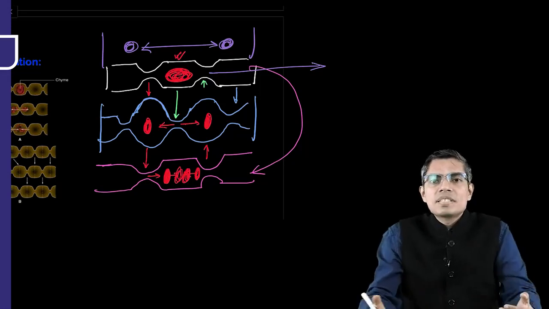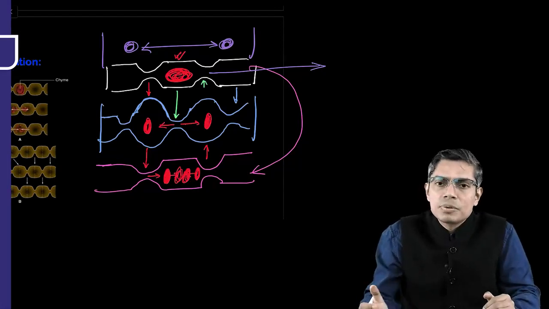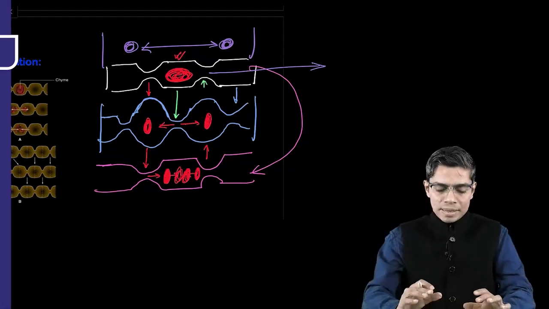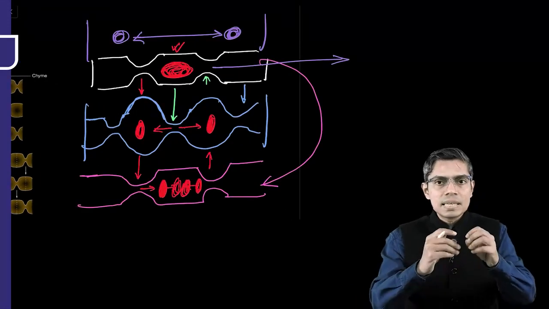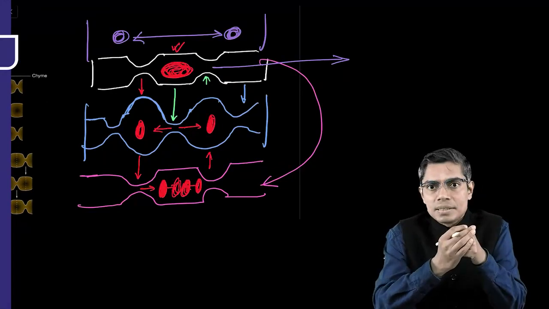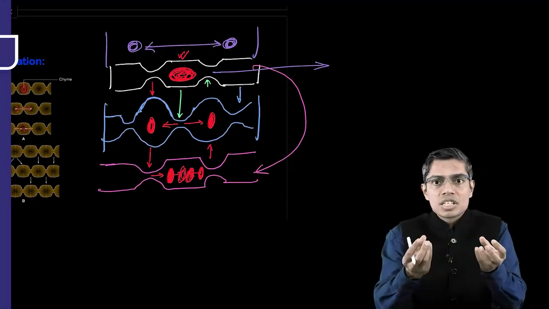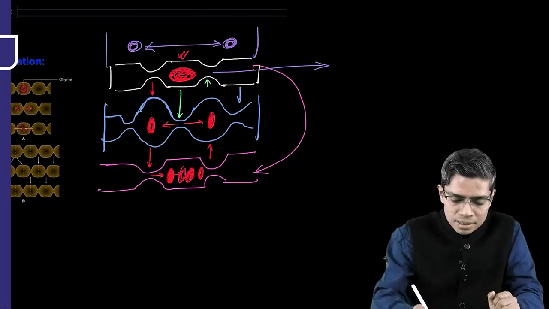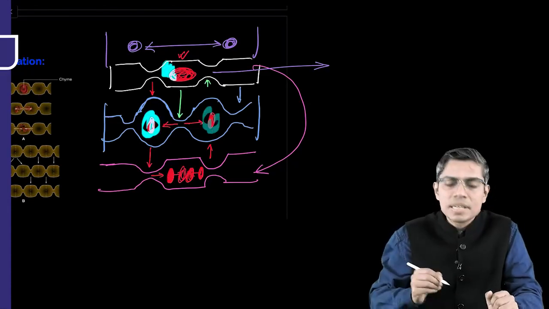So what is the role of this segmentation movement? Why is it required? Because you are not pushing the food from one part to another. Whenever segmentation movement is happening, the food bolus is crushed into multiple small fragments. Whenever the food particle is crushed into small parts, the secretions of the GIT will be properly mixed with the food particle.